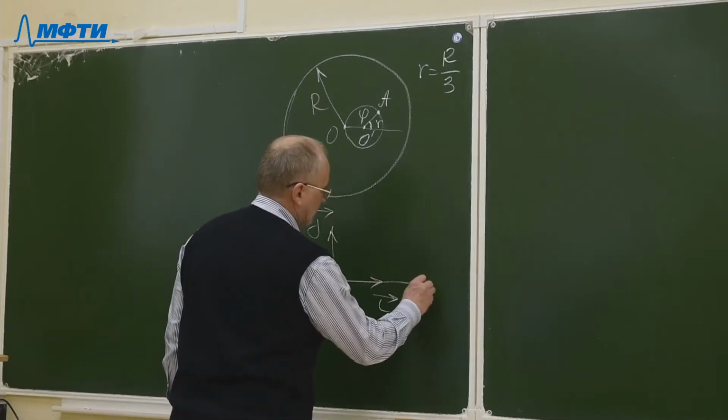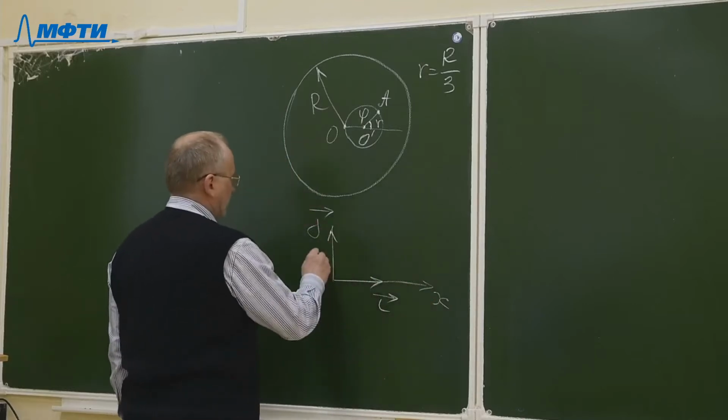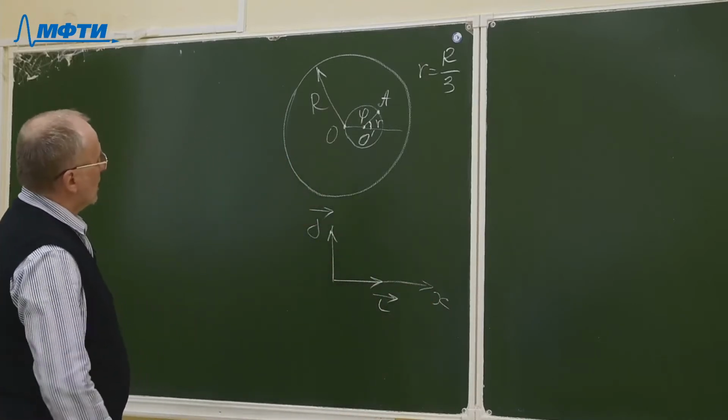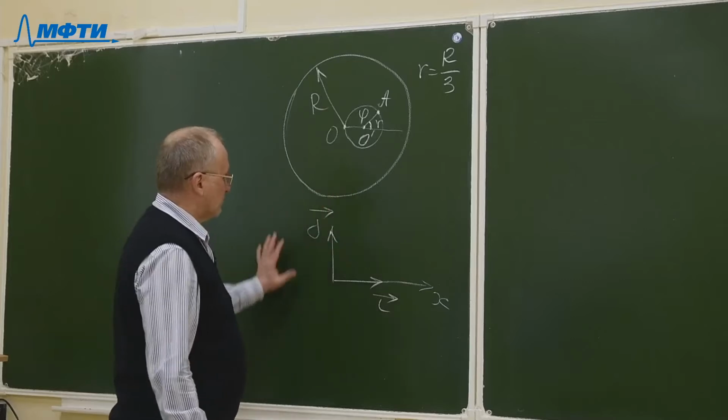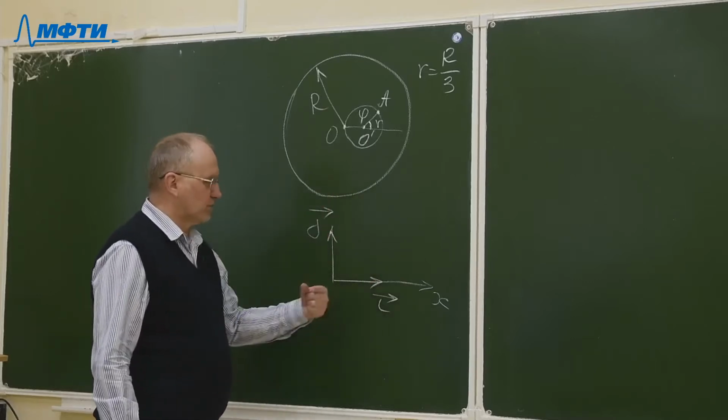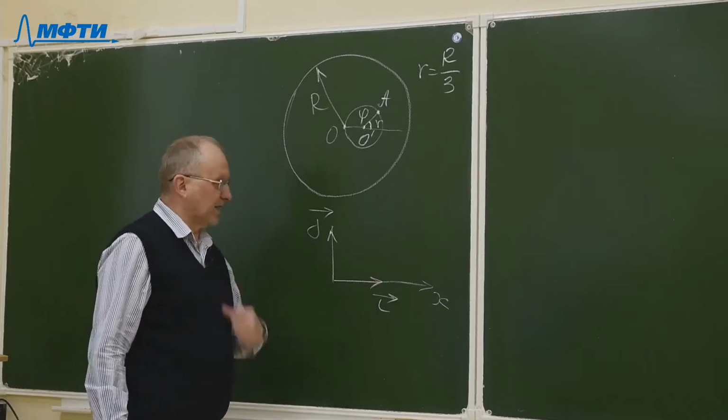So this is x-axis and this is y-axis. Everything occurs in this XY plane, so we don't need a third vector K.